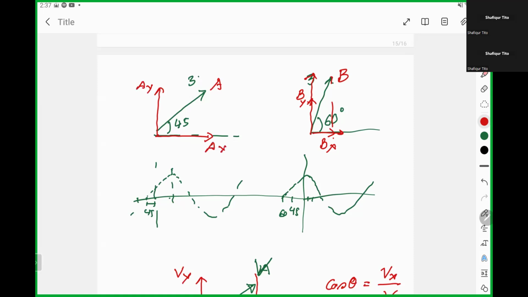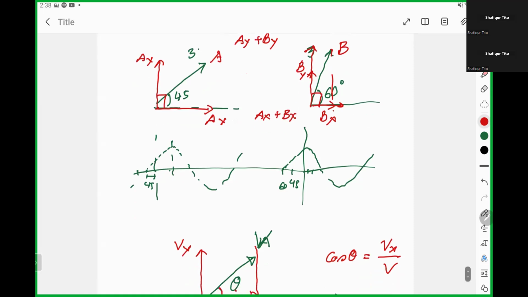Now this Ay and By are making an angle of 90 degrees with my reference. Both are making the same angle with the same reference. So I can add them together, Ay plus By. And in the same way, I can add Ax plus Bx.